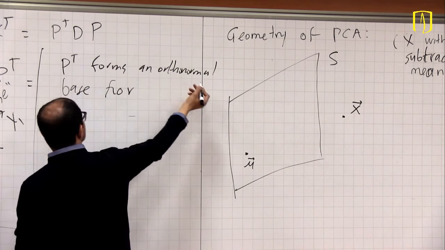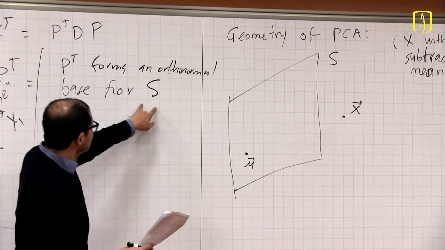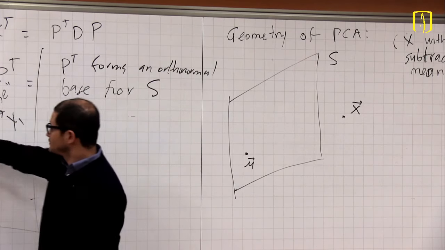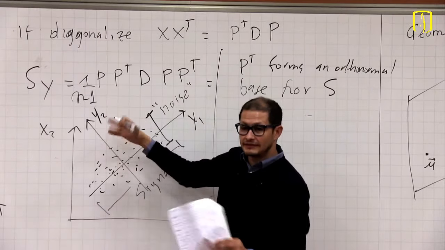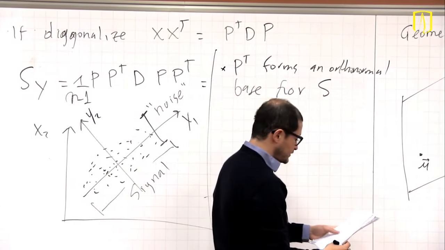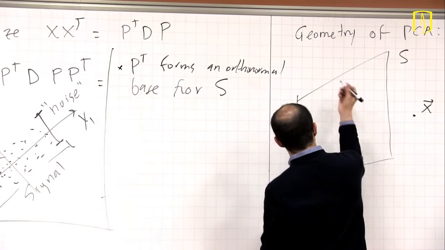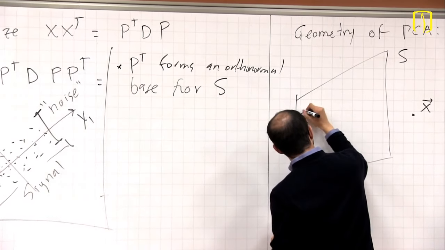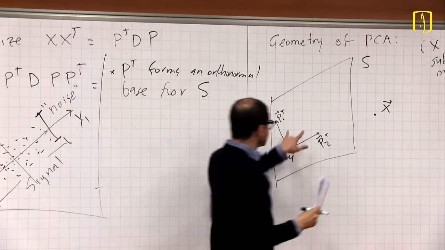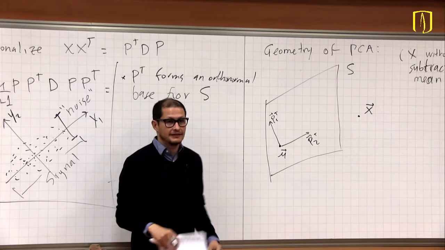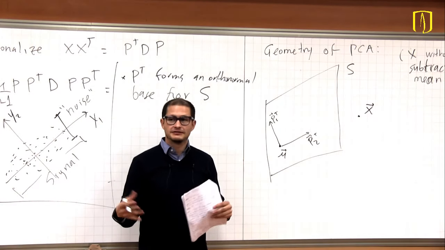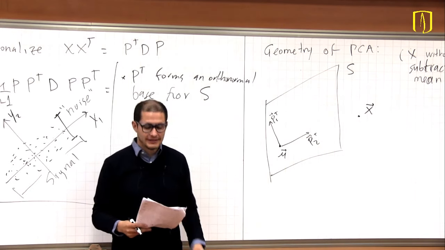This is true when you truncate, when you get rid of the least important direction. So P still forms a basis for the subspace. I'm going to write P1 transpose and P2 transpose. It's an orthonormal basis in this new space, the simplified, lower dimensional space where my data looks all right.